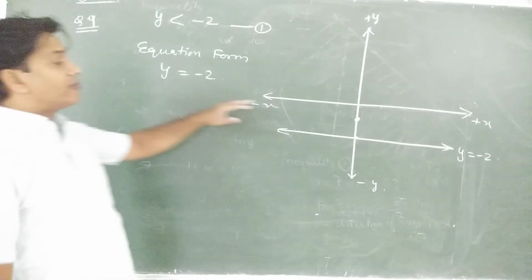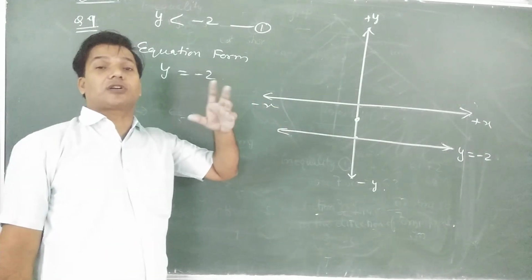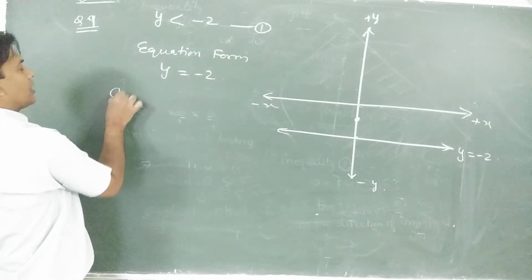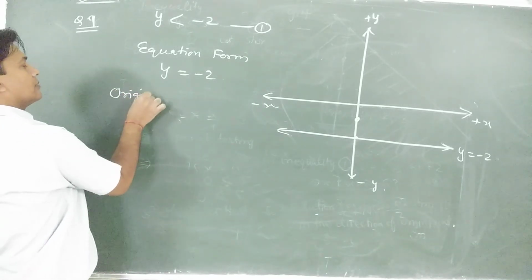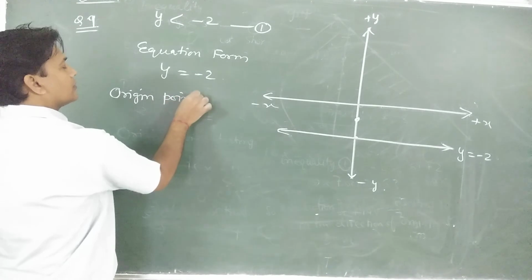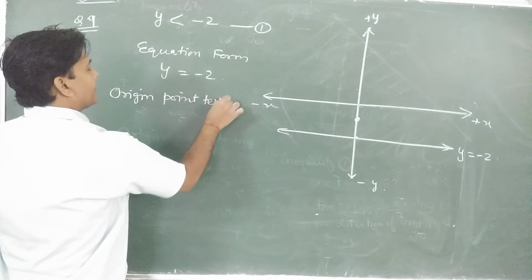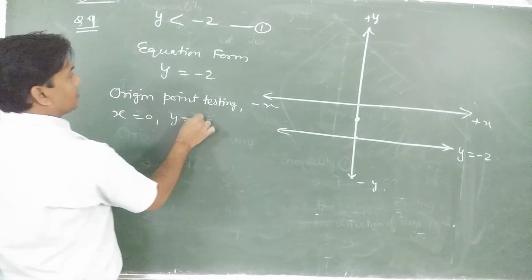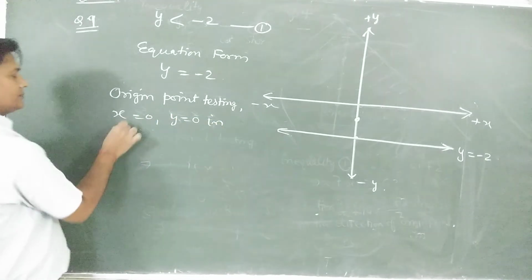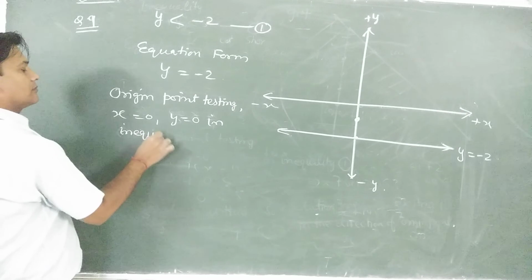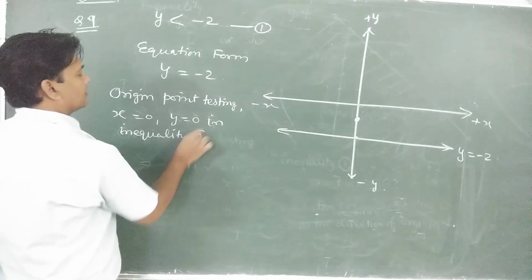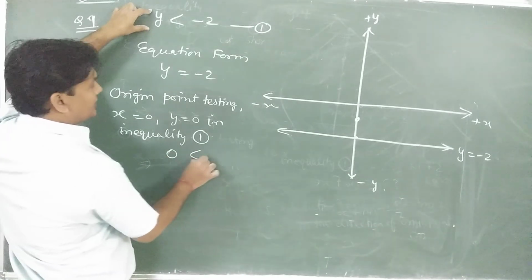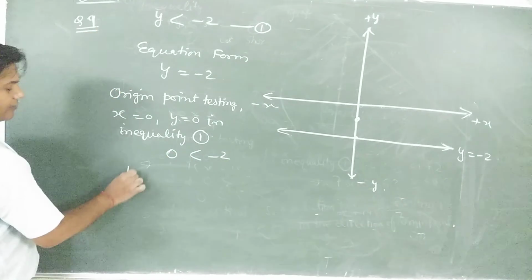So now we have to find out on which side the solution region exists. So let's do origin point testing, in which we put x equals 0 and y equals 0 in inequality 1. So there exists only y. So y means 0 is less than minus 2, which is false.